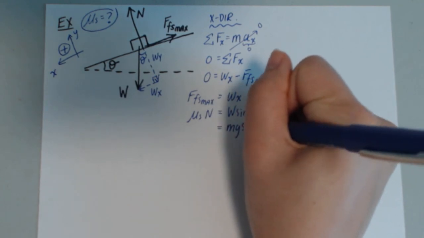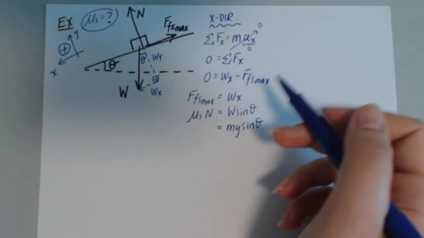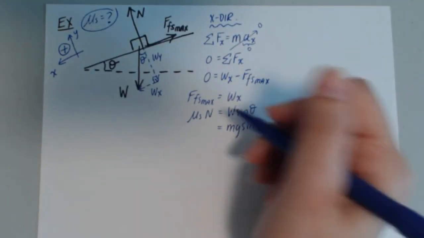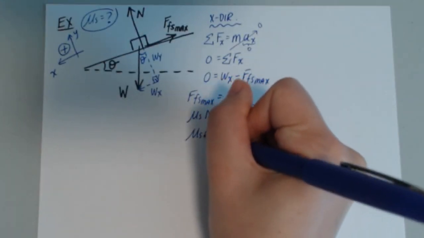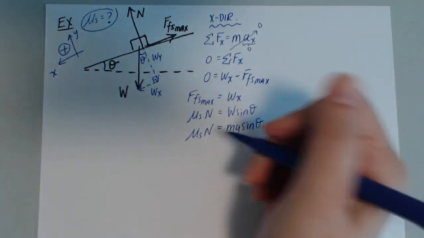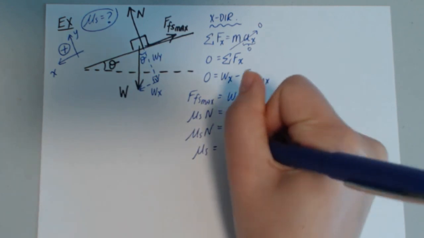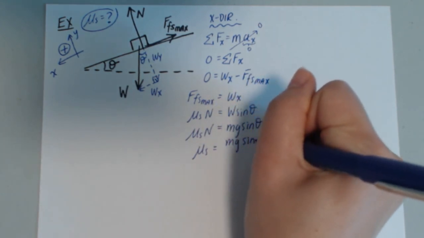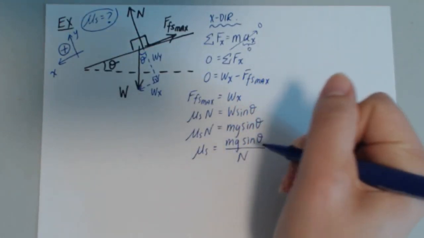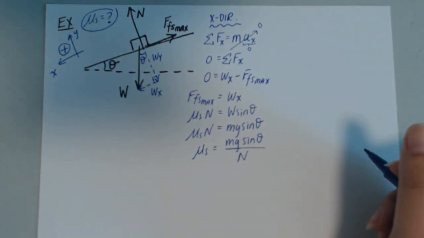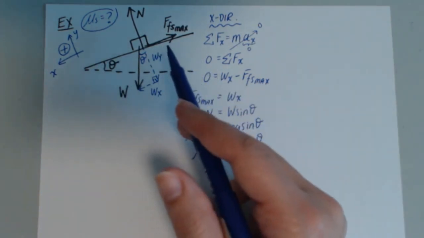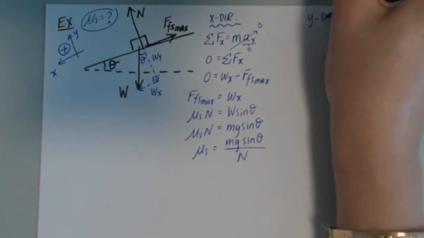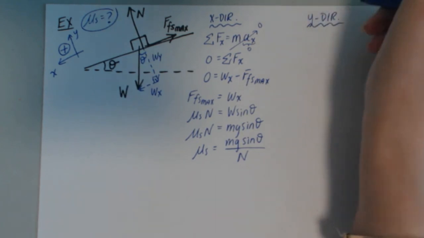So mg sine theta. Now what we're going to do is try to come up with an expression for N. In fact, watch what I can do. Mu s is equal to mg sine theta divided by N. I'm trying to come up with an expression for a normal force. Since normal force is in the y direction, I'm going to go to the y direction and see if I can come up with a better expression for it.